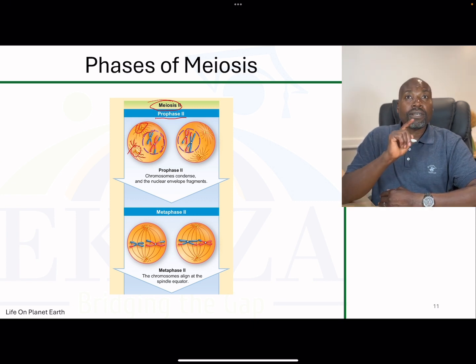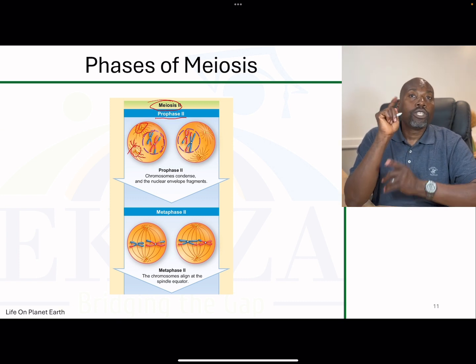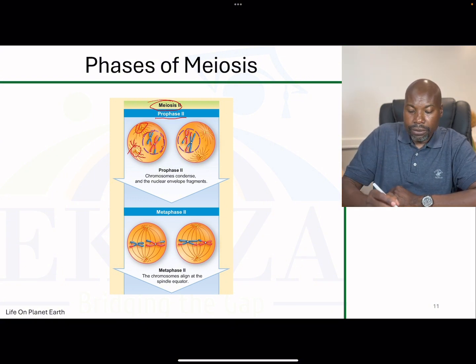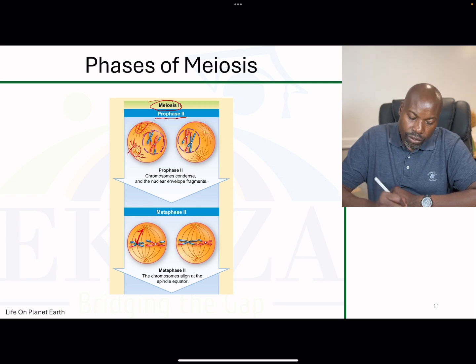Okay? And these spindles are going to target the kinetochores on each duplicated chromosome. Okay? So now, the spindles being attached to the kinetochores, these are going to be pulled toward opposite directions, okay?